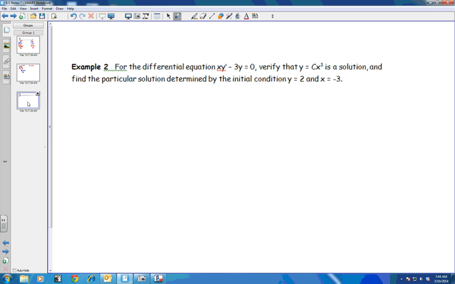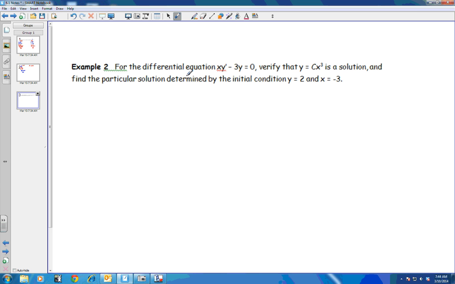Okay. Example 2, same type of problem, but they've changed the differential equation. This time it's x times y prime minus 3y, and it's supposed to equal 0. Verify that y equals cx to the third is a solution, and then find the particular solution determined by the initial condition y equals 2 and x equals negative 3.